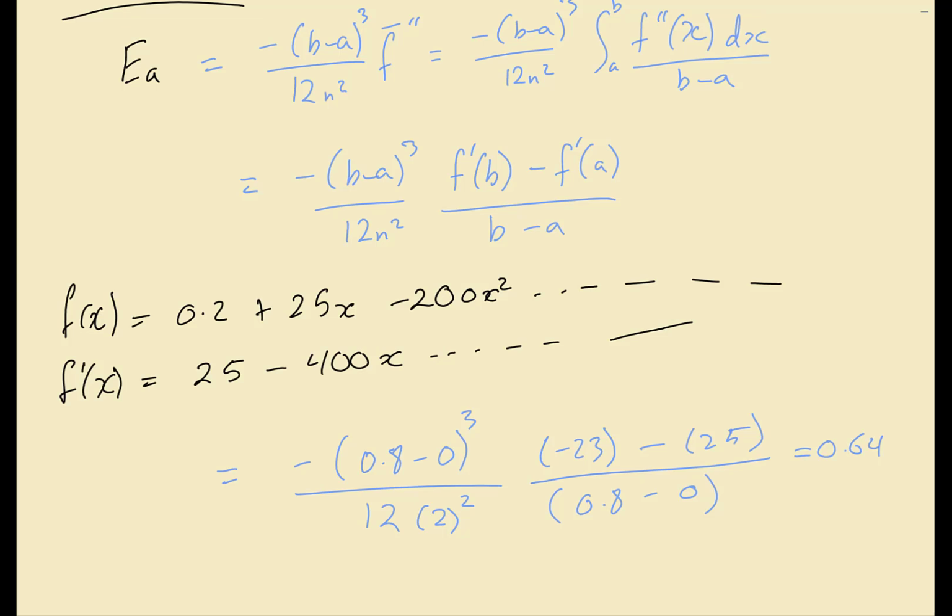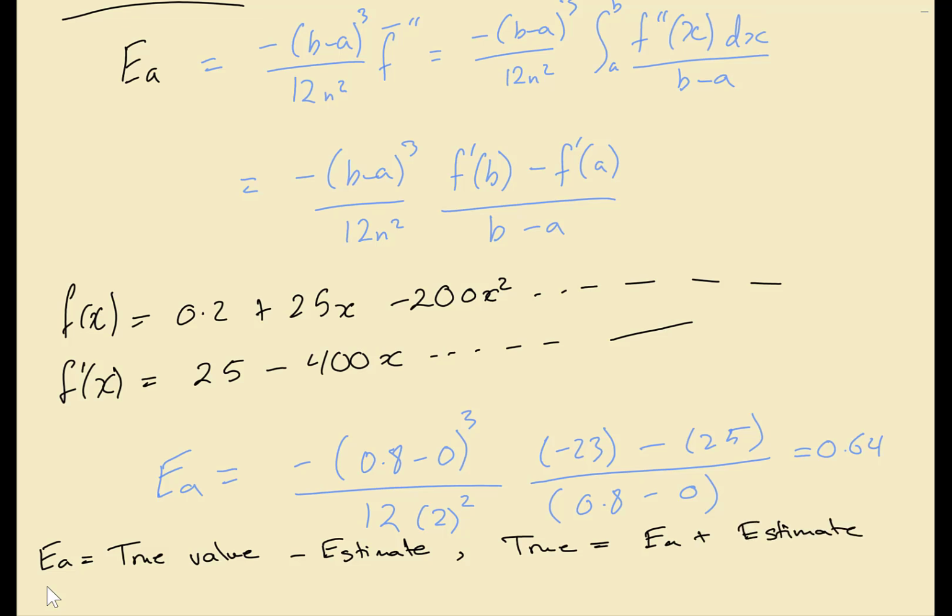So when I'm looking at this EA, this estimated error, it is the estimated true error. The equation says EA is equal to the true value minus the estimate. So that means the true value is equal to the estimate plus EA.